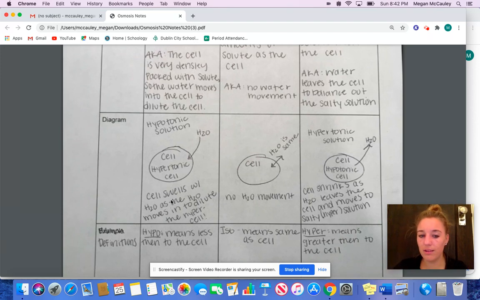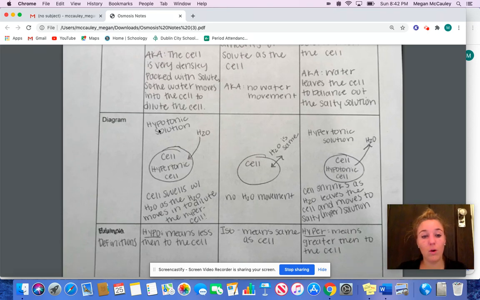The cell swells up with water, and as the water moves, it dilutes the salts. But sometimes the cell can burst, and this is called lysis. We lyse the cell. It becomes too big, too quick, and it busts.